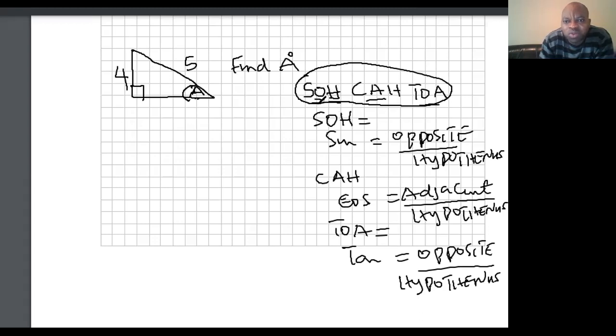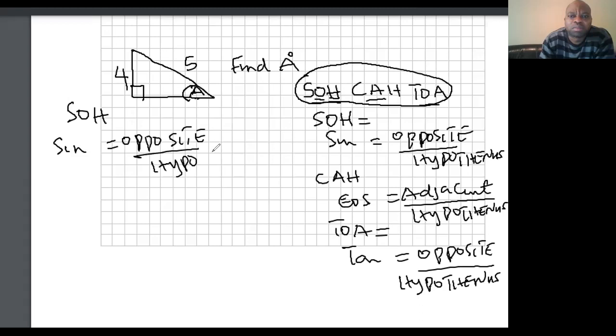So that means you're going to use this, which means sine. So sine of the angle equals opposite over hypotenuse. That is what you need.